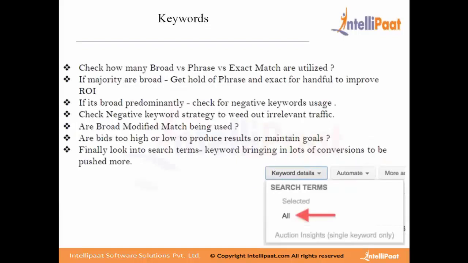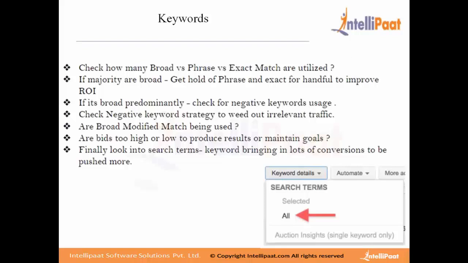The next thing, guys, which one needs to look at after the campaign account structure and the ad groups is the keywords part. Within the keyword details, when you go on to all the keywords, one needs to look into the match types being used, whether it's broad match, broad modifier, phrase or exact.